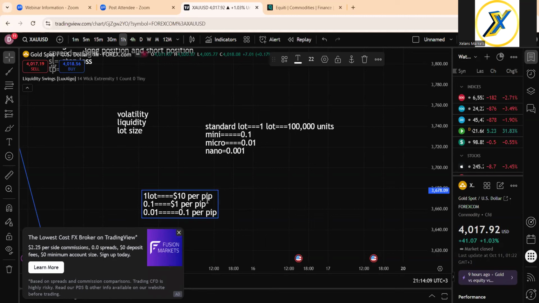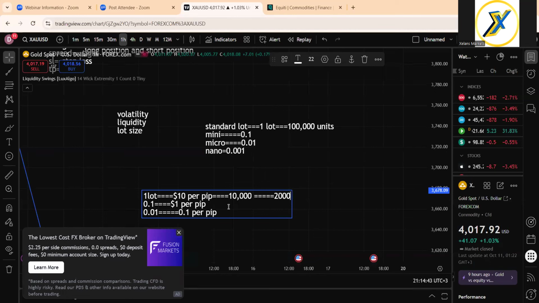So according to your account size, according to how much money you have, this is where risk management comes in. Let's look, for example, at a $10,000 account. If gold moves 200 pips my side, it means I'll make 200 times 10, I will make $2,000, which is really good. But also think about it.